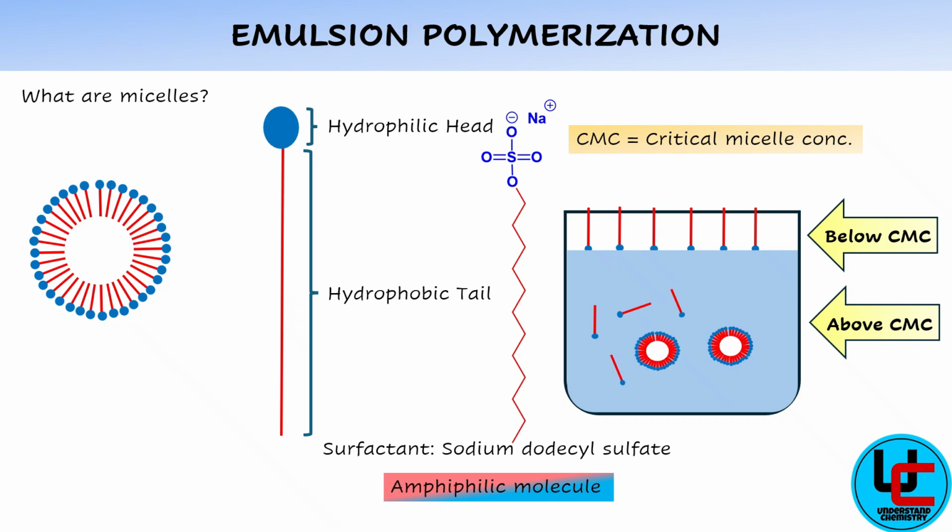The driving force behind micelle formation is the hydrophilic interaction of the polar heads with water, which keeps them oriented outwards. Meanwhile, the hydrophobic tails avoid contact with water and instead interact with each other through the hydrophobic effect. These combined forces lead to the formation of stable spherical micelles, which are the primary site where polymerization begins.